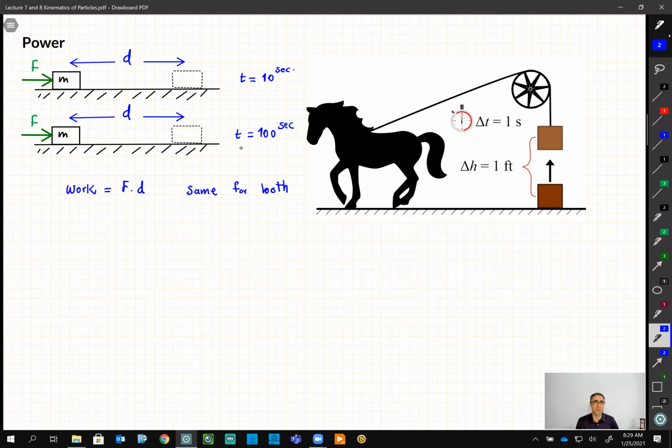There should be a difference between these two, right? And we show the difference when we talk about time, and we use a new terminology, which is power. So there is a difference between power and work. Power basically defines how fast you do the work, or you simply divide your work by time.